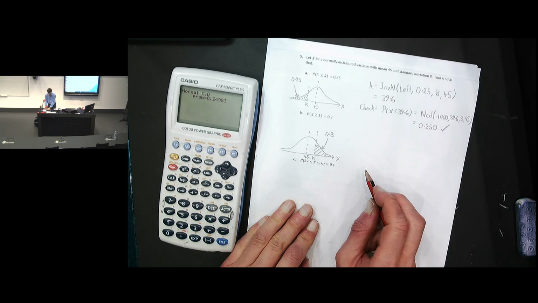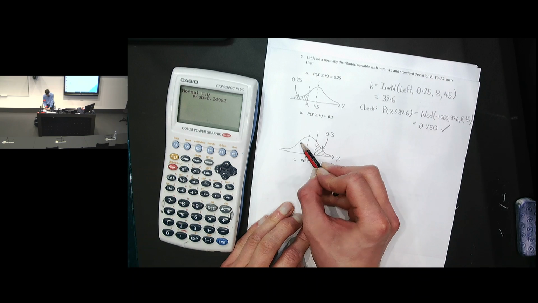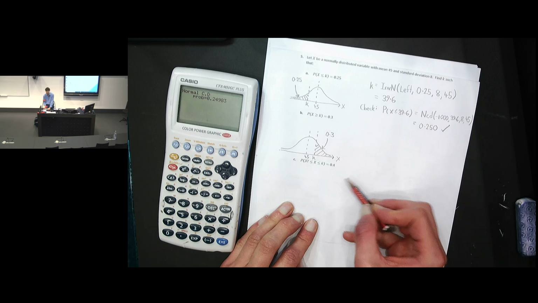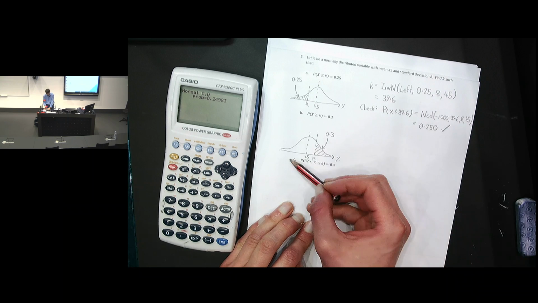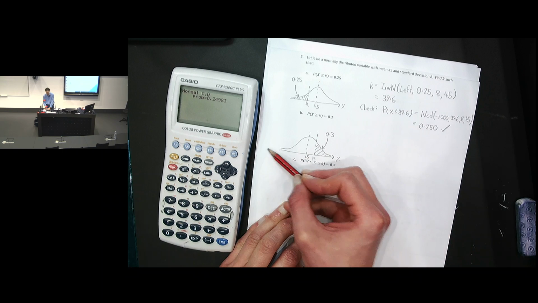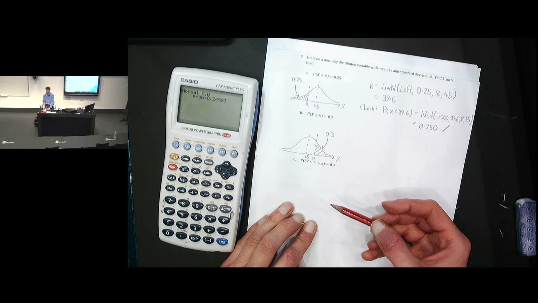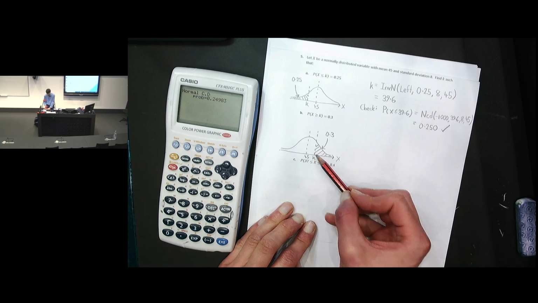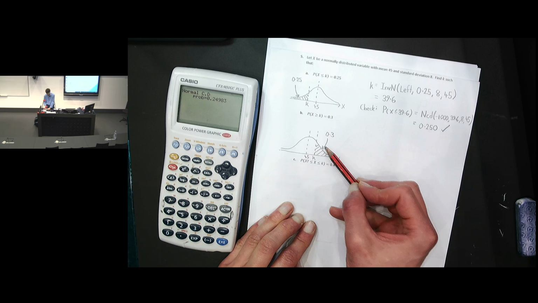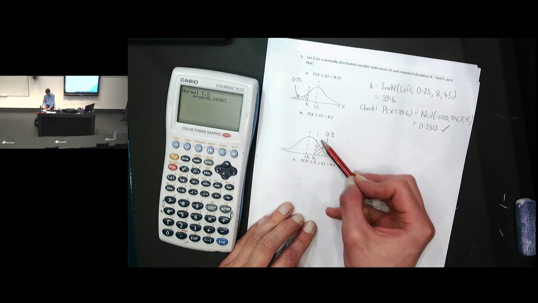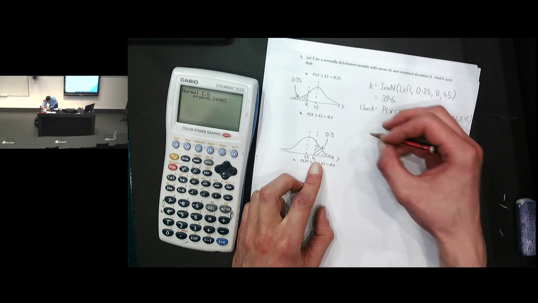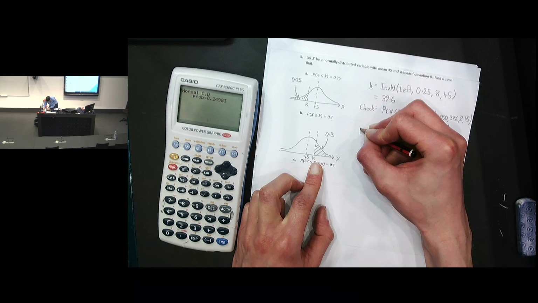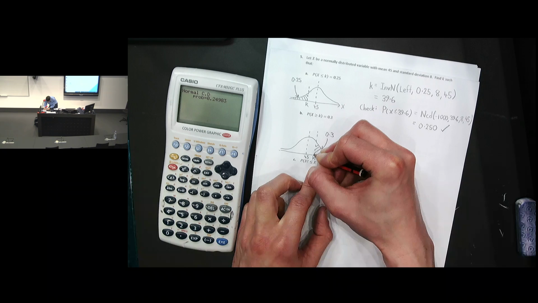And that is that the area underneath this normal curve is always equal to 1, because the probability of x being anything at all has to be equal to 1. So the total area is just equal to 1.